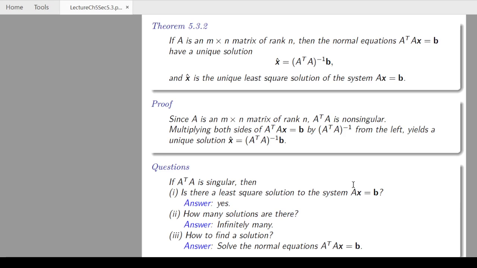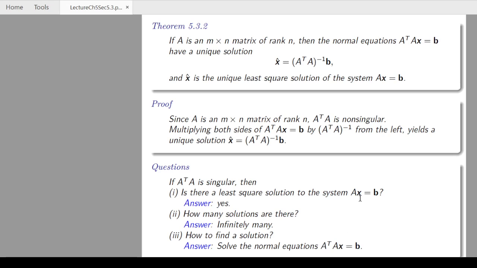Then the question is how to find a solution among infinitely many solutions. To do that, all we need to do is try to solve the normal equations, A transpose times A times X equals A transpose B. That's all that is needed. From this we can say there are two cases.